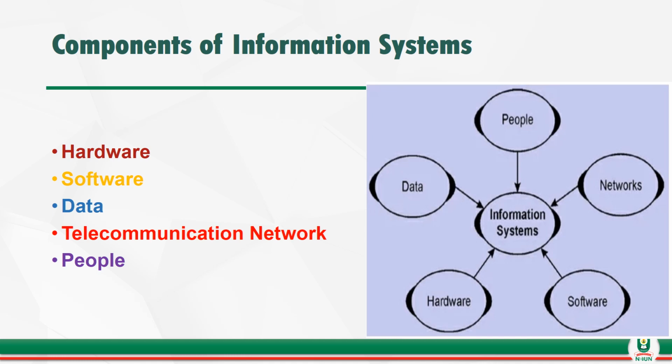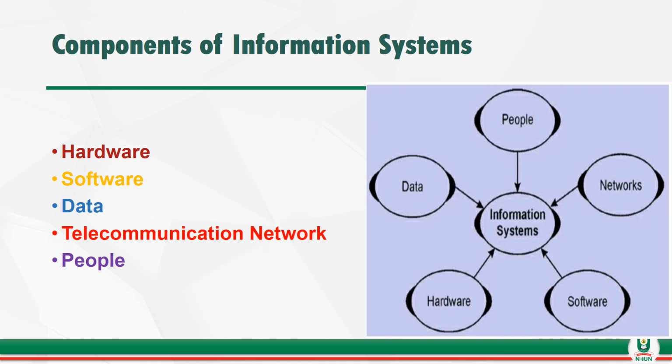The fifth component of information system is the people. What do we mean by people? When information system is involved, these are the information specialists who develop and operate the information system. You are the people. You are the information professionals.